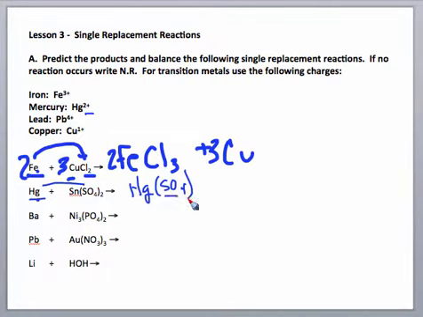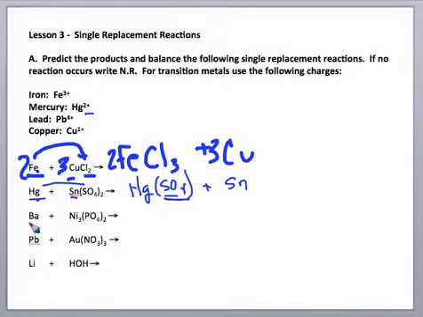I put the polyatomic in parentheses just to emphasize that you treat the polyatomic like one thing. And then we would have tin on its own. Oops, tell you what, I made a mistake. Well, no, I didn't make a mistake. Tin would actually be 4 plus here, but that's not going to matter. If you don't understand what I just said, don't worry about it.